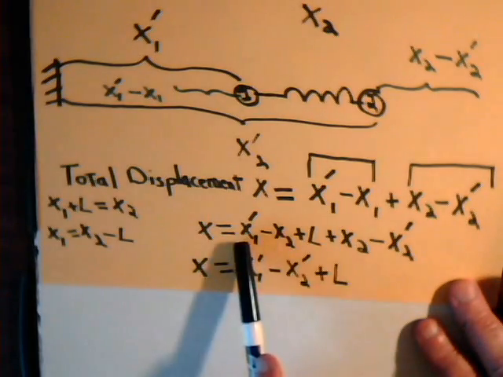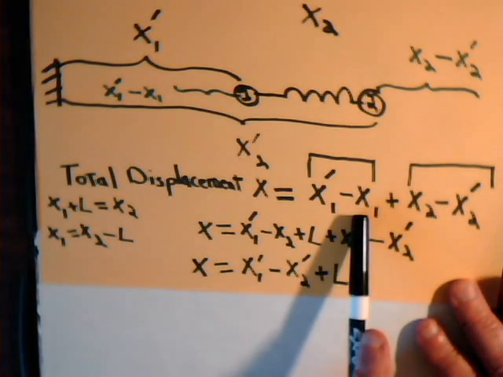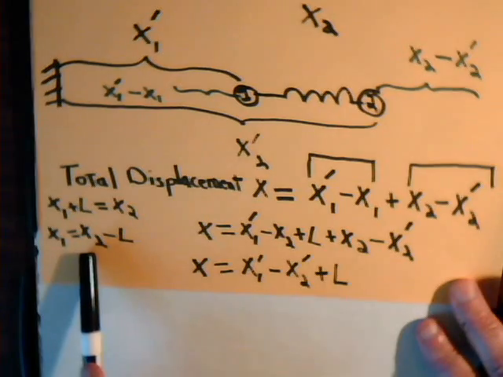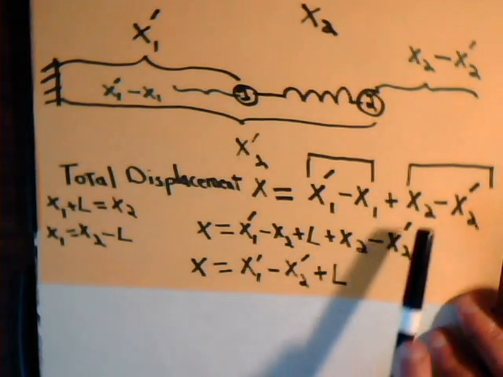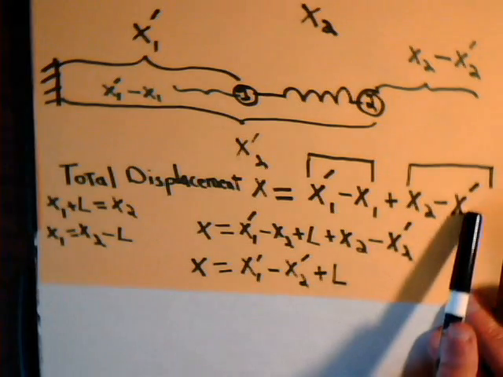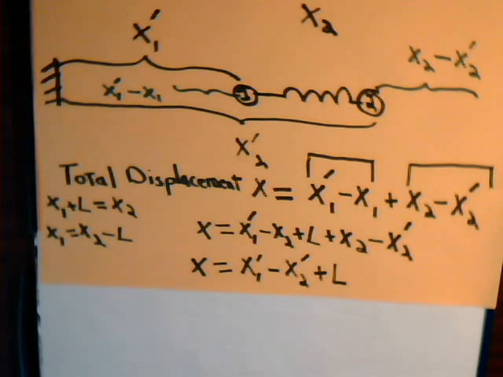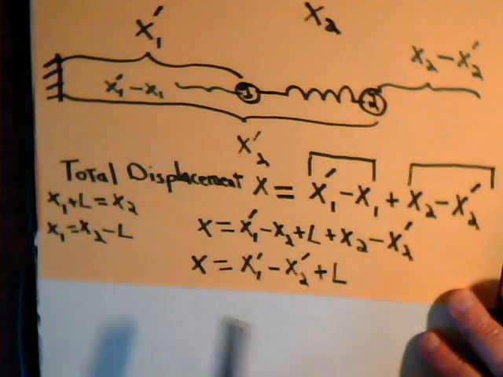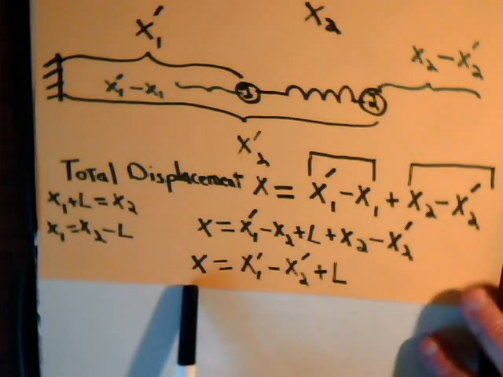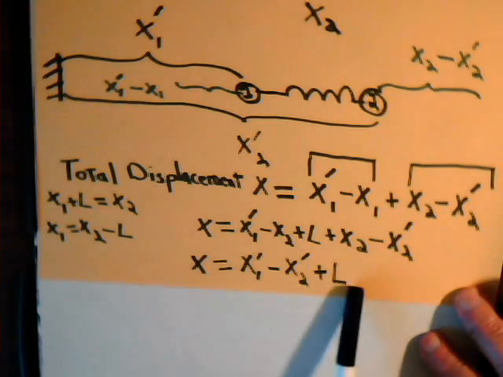So we have x1 prime minus x1, that will be x1 prime minus x2 plus L. And then we have plus x2 minus x2 prime. So this and this cancel, and we have that the displacement for the spring is this equation here.